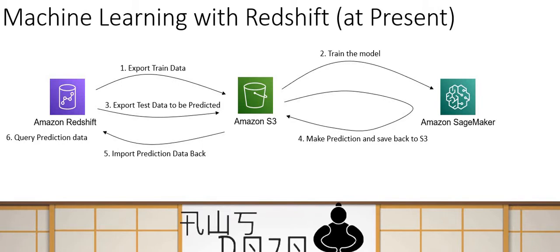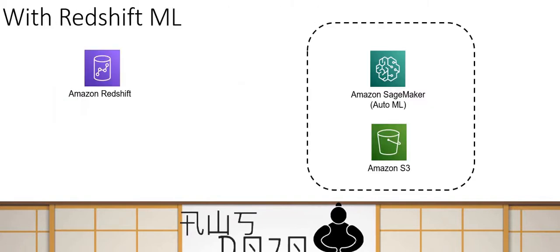That means you can train your model, you can deploy your model, and then finally you can consume your model right inside Amazon Redshift. So let's see how this whole workflow looks if you use the Amazon Redshift ML feature.